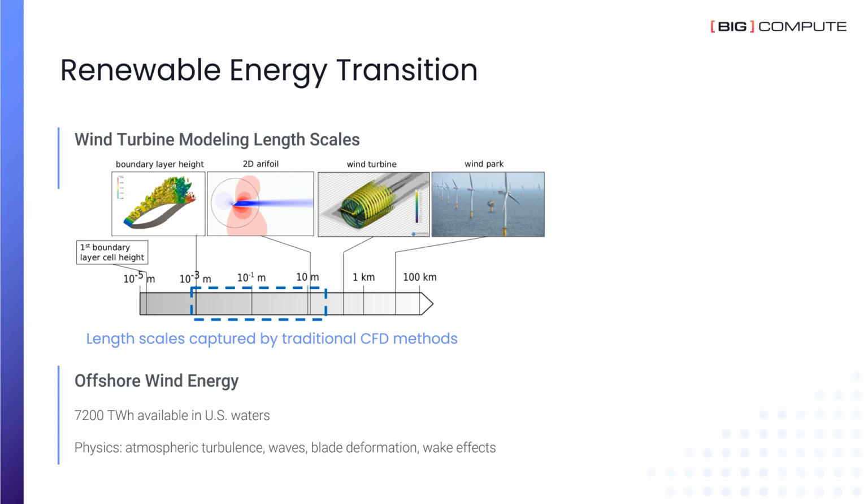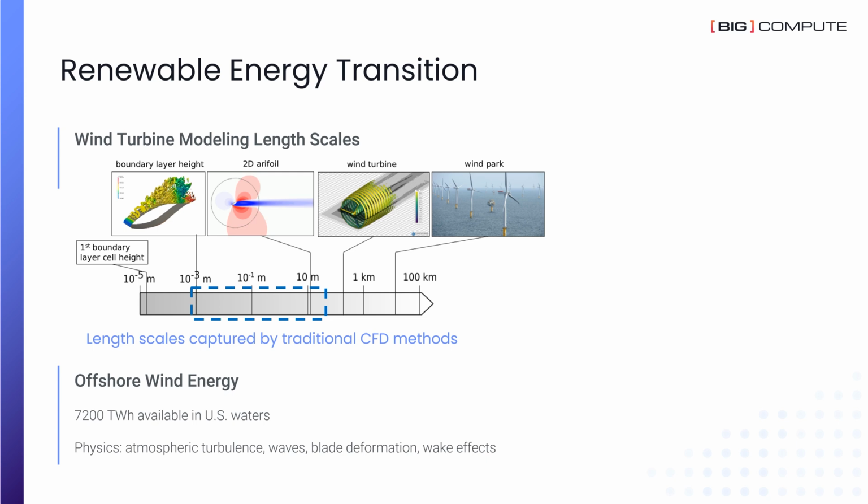And we move away from there to the size of a wind turbine in its entirety, which may be 100 meters in diameter, something of that order. And then we position those wind turbines individually within a wind farm. And then we may be interested in the meteorological conditions which lead to a favorable location for a wind farm. And those occur over much larger distances, maybe hundreds of kilometers.